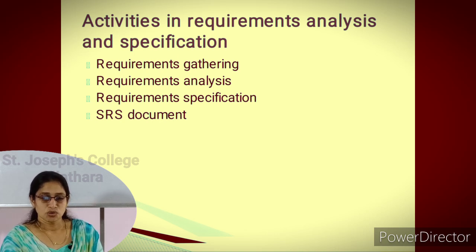But during requirements analysis, we might find that there are some requirements which are missing, which are not clear, and so on. We need to again meet the client and do more requirement gathering. And once our requirements task is complete, we go for specification and then document the requirements, and the final outcome is the SRS document. So there are three main activities here.